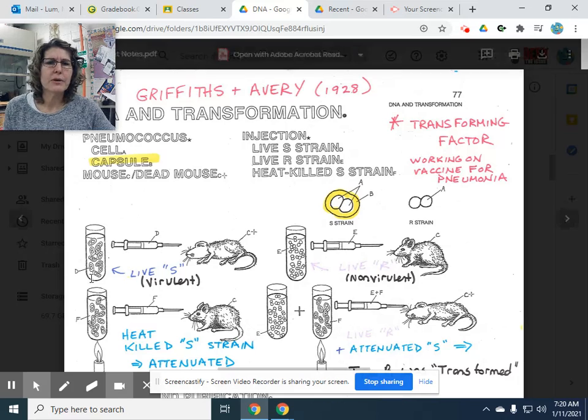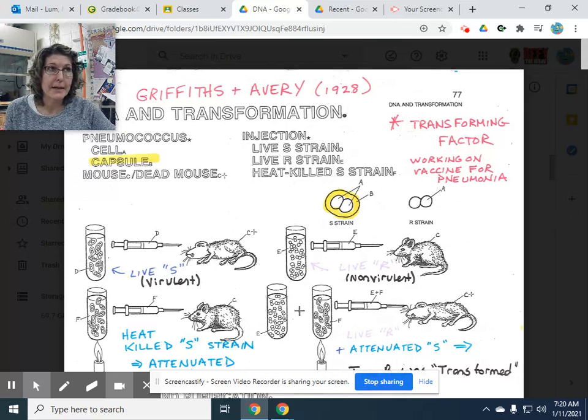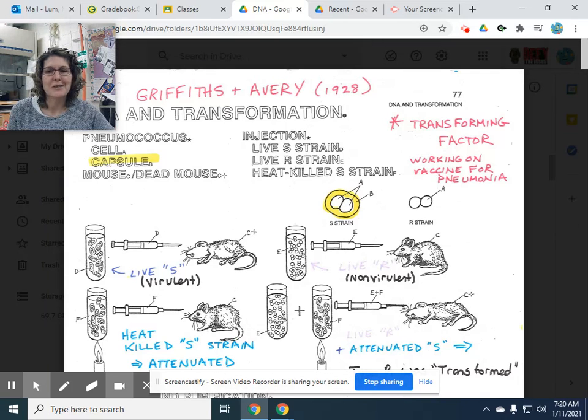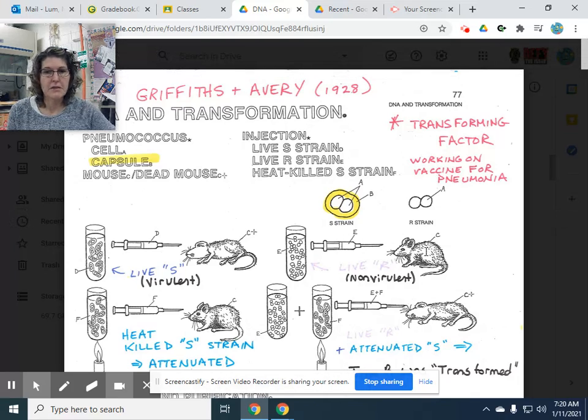They took live S Streptococcus bacteria, the smooth coat bacteria, and put it into the mouse. They said this type of bacteria is virulent. It's deadly, because you can see the little mouse is dead. The live R, the rough coat Streptococcus pneumonia bacteria, is non-virulent, so when they put that into the mouse, it lived.